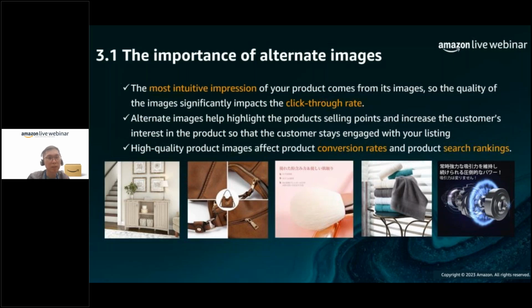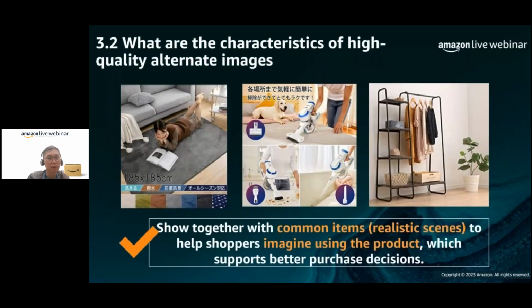This is what some of the examples over here show. A good, high quality alternate image should showcase something like this. This is just some good reference that we see.